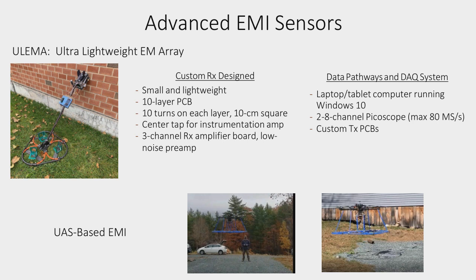So based on this understanding, as I said, we studied this from basic physics, from equations, and developed technologies. Our group has recently built these ultra-lightweight electromagnetic induction arrays. One is a handheld device, what you have seen, we call this ULEMA, and then similar technologies.